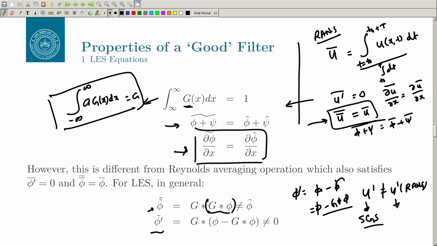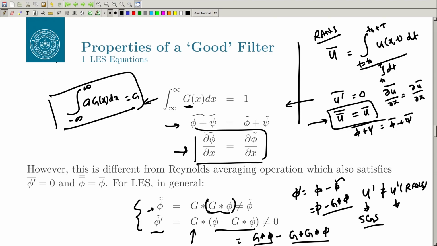Then you apply the convolution on top of that, so that becomes G into phi minus G into G into phi, and since these are not equal, this value will not be 0. So, phi prime tilde will not be 0. In general, the LES filter does not satisfy these two properties.